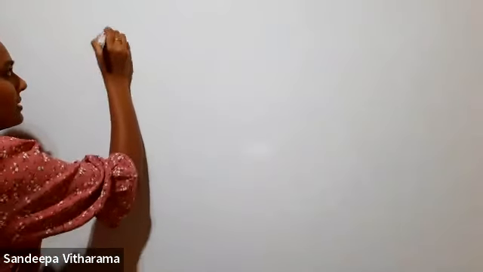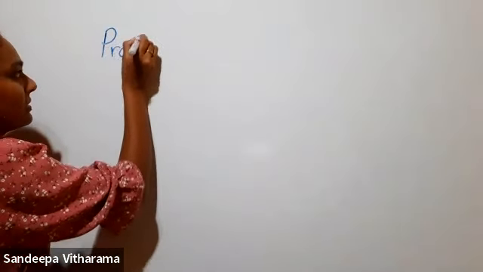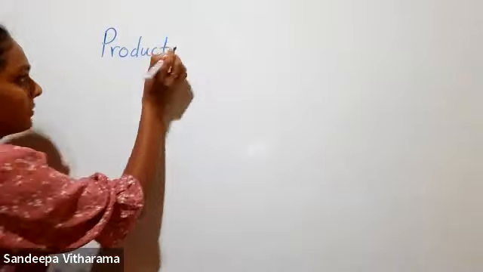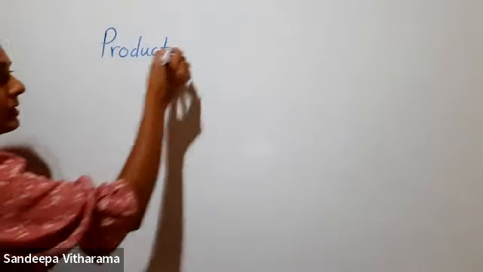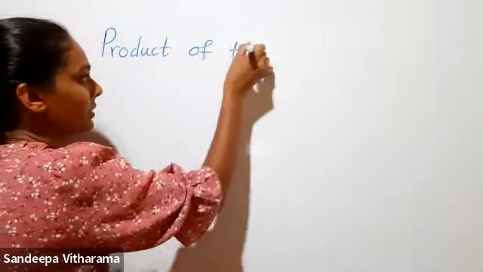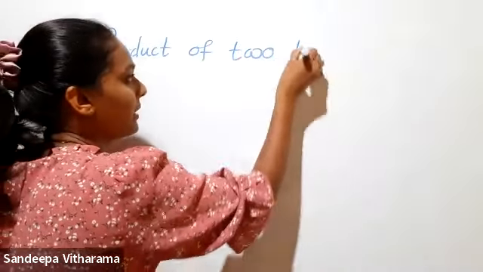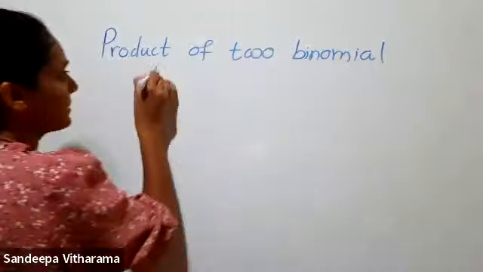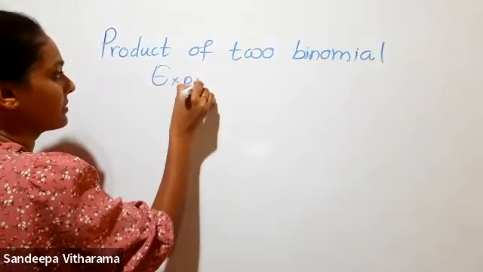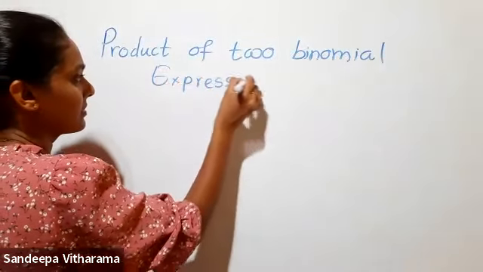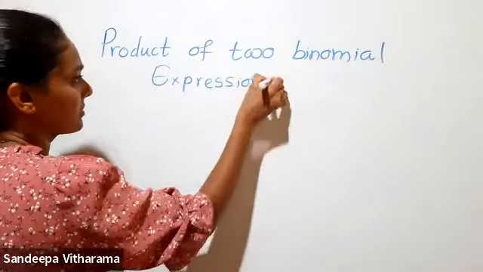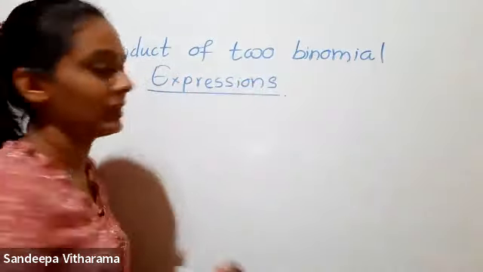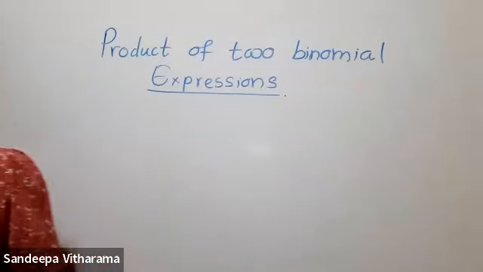Okay, then let's try. Now there's no doubt about the words. Now you know what is meant by product. Product of two binomial expressions. Okay, product of two binomial expressions.